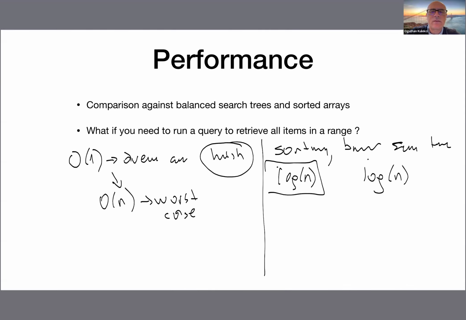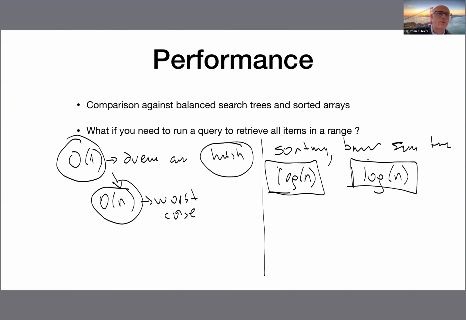So this is both the worst and best case performance. Yes, log n is worse than O(1), but it is better than O(n), right? So that makes hashing something in between, okay? So let me make it more concrete.